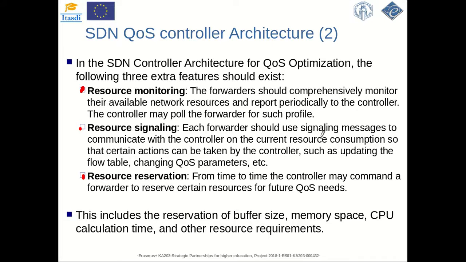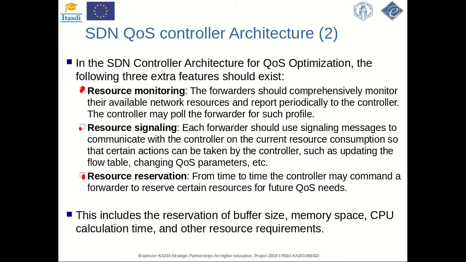What does resource monitoring mean? The forwarders should comprehensively monitor their available network resources and report periodically to the controller in order to stay alive and to dynamically provide QoS. The controller may poll the forwarder for such a profile.